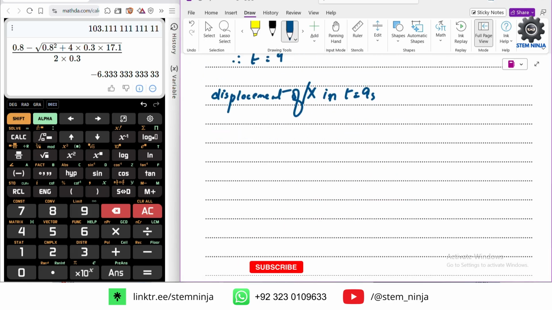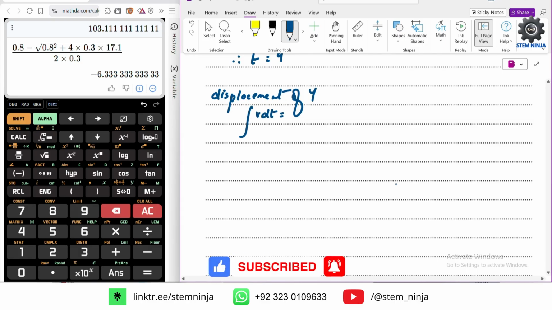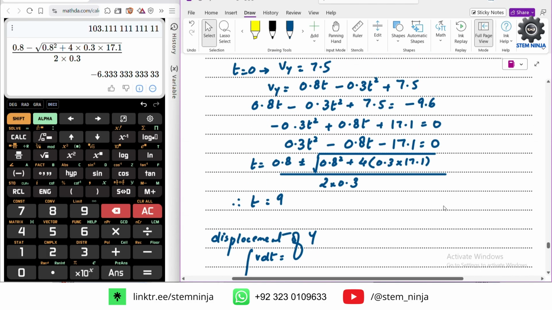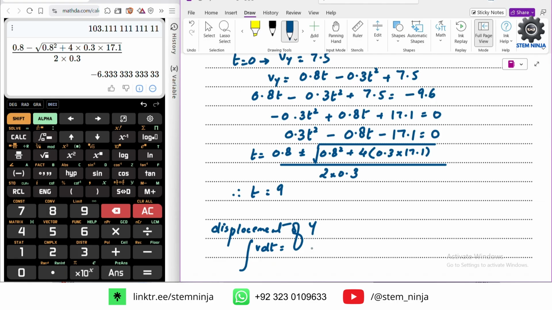Okay, displacement of, first we do y, so then we need to integrate the velocity function also. So the velocity function becomes 0.8t squared over 2 minus 0.3t cubed over 3 plus 7.5t plus c.